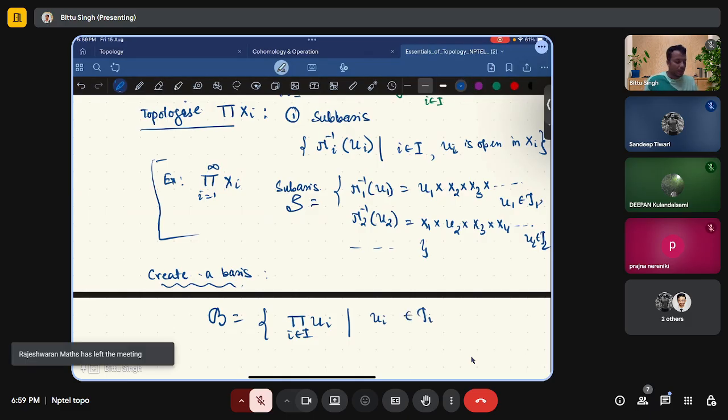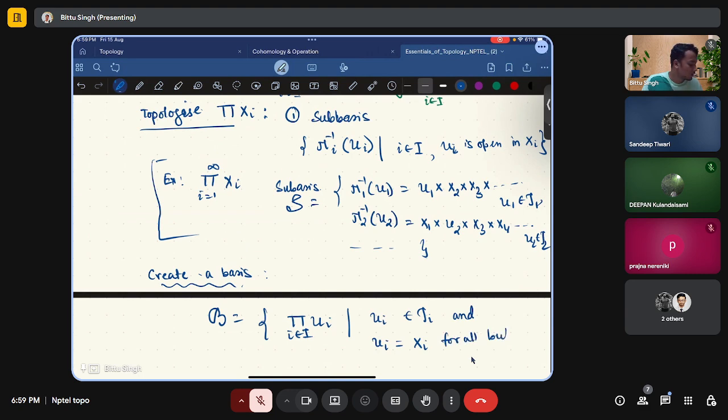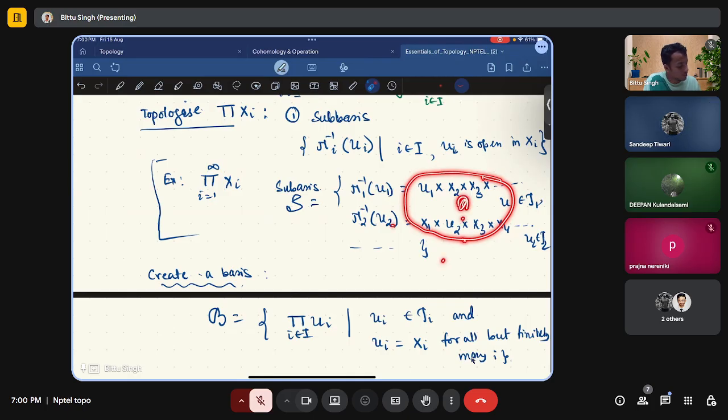And there is another condition: ui equals xi for all but finitely many i. For example, if you intersect those two things, what will you get? The intersection will give me u1 cross u2, and everything else is fixed, x3, x4, and so on.